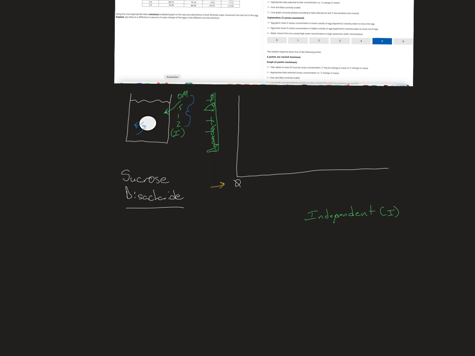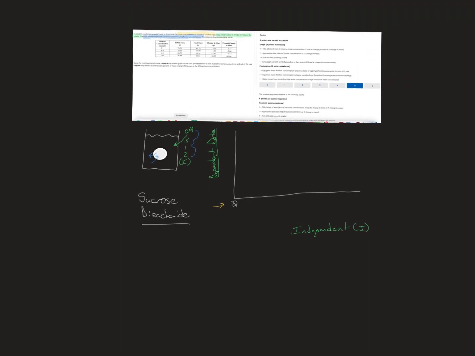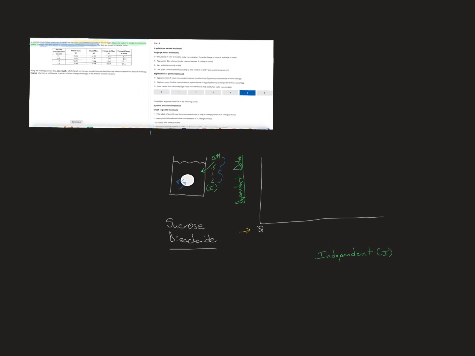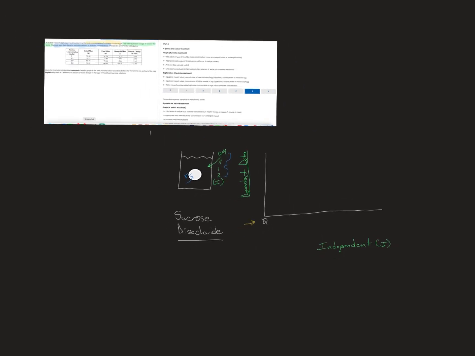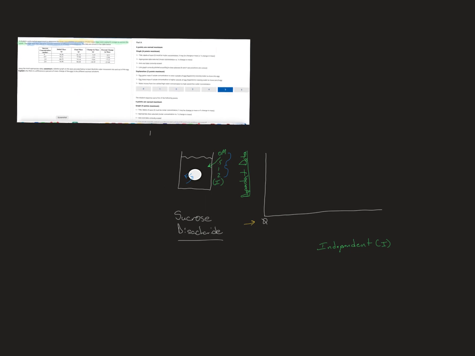So when you're dealing with sucrose, whether water's going in or out of the cell depends on this. So what goes on the independent x-axis?